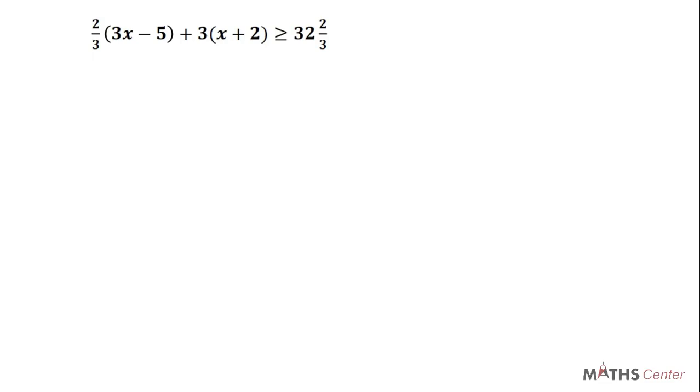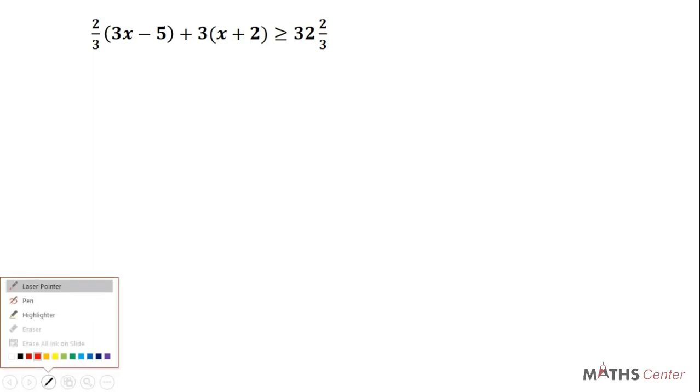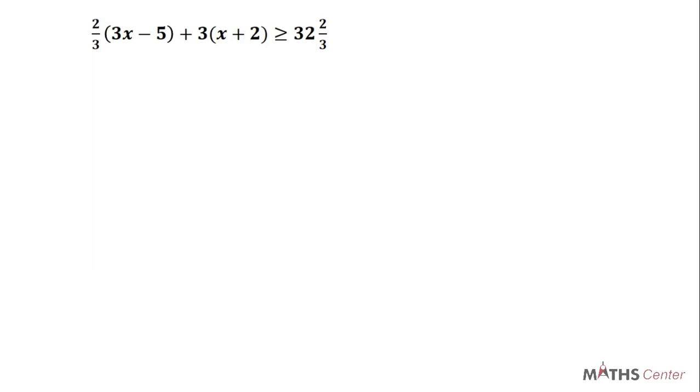As I said, whenever the inequality involves a fraction, the first thing you need to do is to identify the fractions in the inequality. So here the fractions are 2 over 3 and 32 whole number 2 over 3.